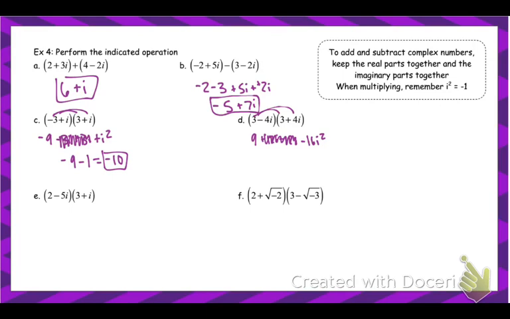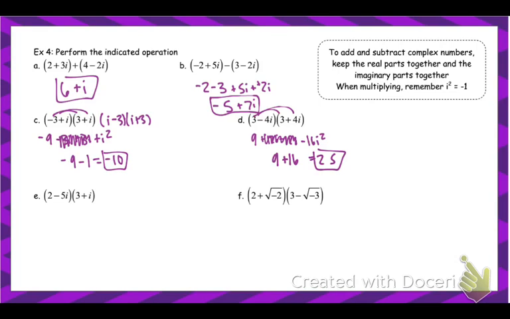If it's hard to see, you could rewrite that first one as i minus 3 and i plus 3. That makes it a little easier to see it's a difference of squares. Okay, so now to simplify this, i squared is negative 1. That means that minus 16i squared is actually 9 plus 16.